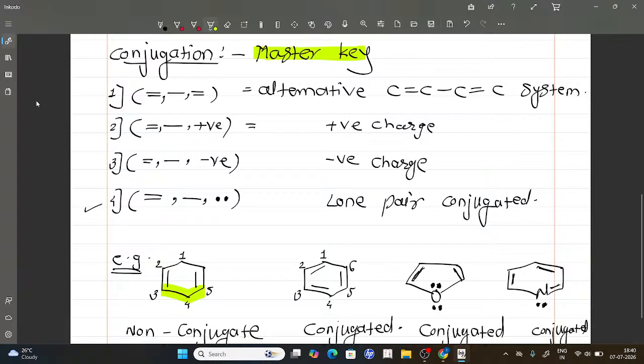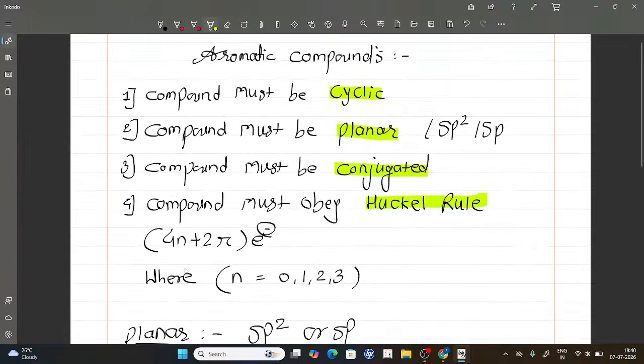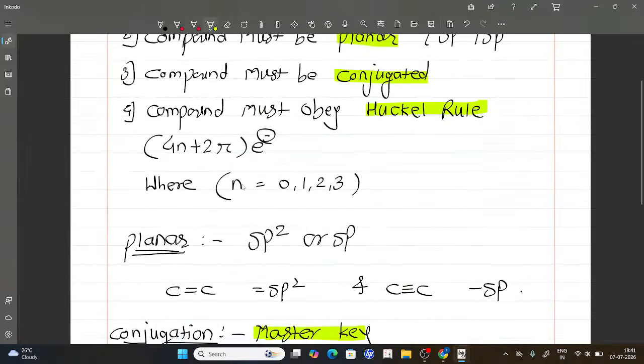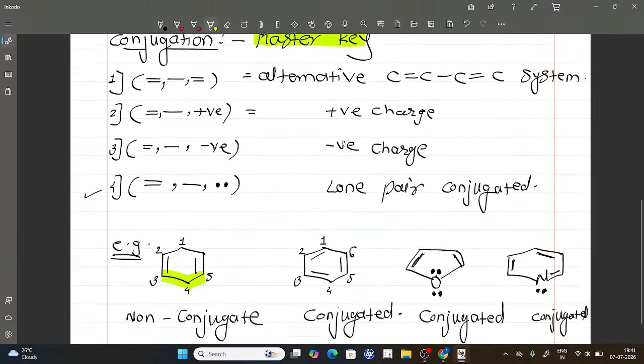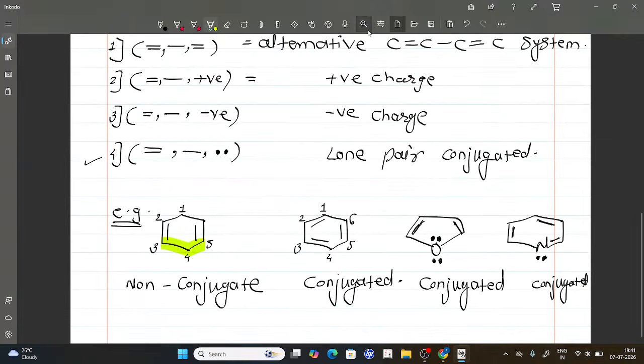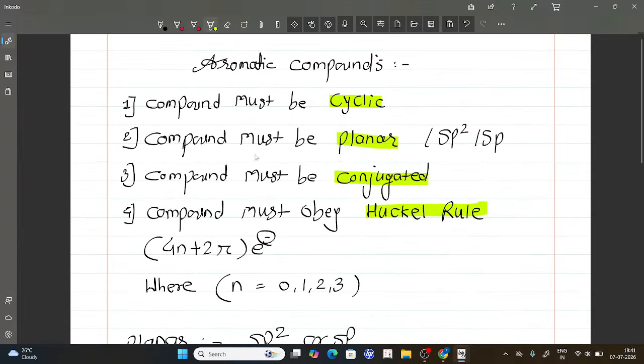Okay. Next, see, we are going to see about the Huckel rule. Huckel rule is 4n plus 2 pi electrons. So, we are going to solve an example first of all. Just a minute.